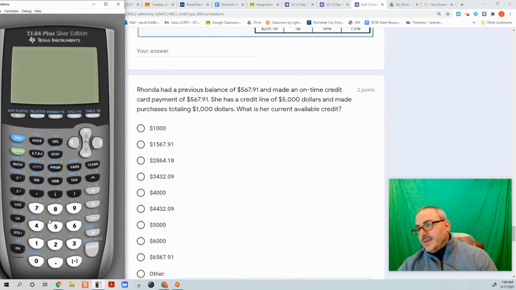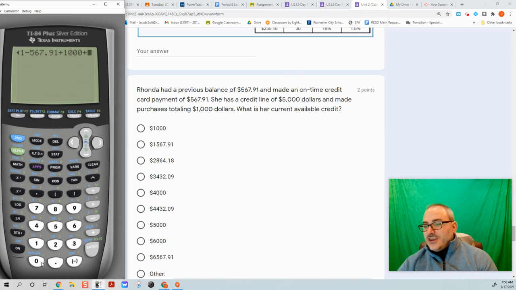Here goes. The previous balance was $567.91. The payments were exactly equal, so I subtract 567.91. Now I have to add all the new purchases, totaling $1,000. Then I have to add finance charge.